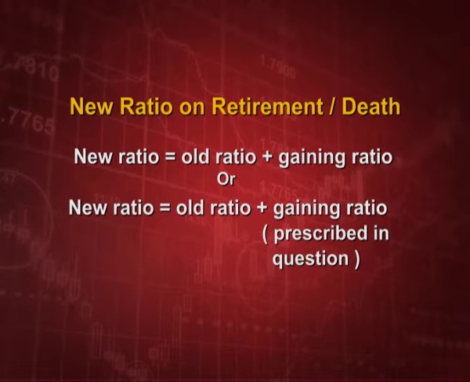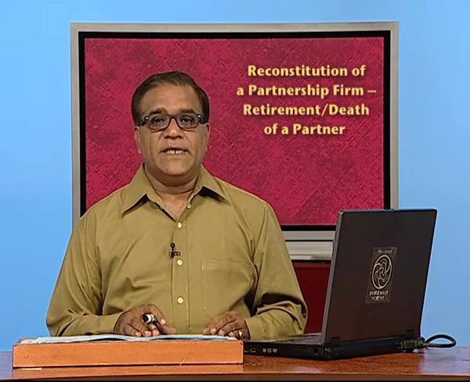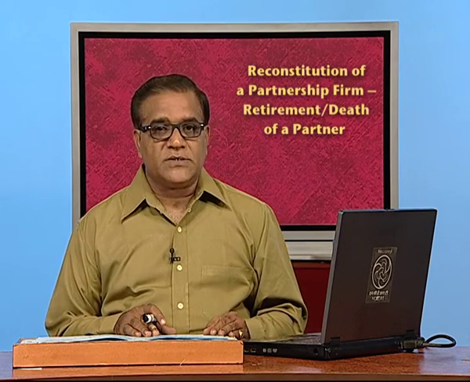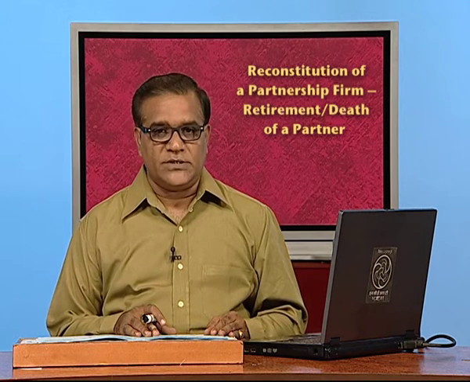Sometimes you are given the new ratio, then you can calculate the gain. But if you are not given and it is said that they are gaining in this particular ratio, then you first calculate that gain and then add it to the old ratio to get the new ratio, right. Now, what is the formula for gaining ratio? That is new ratio minus old ratio. So, whatever you have gained, it will come from the question.